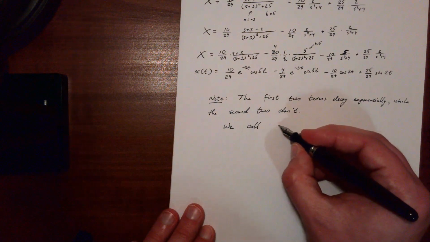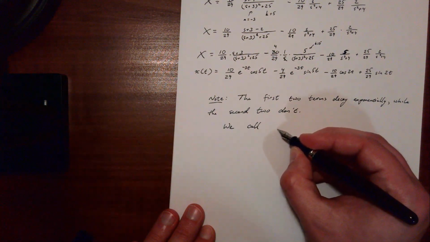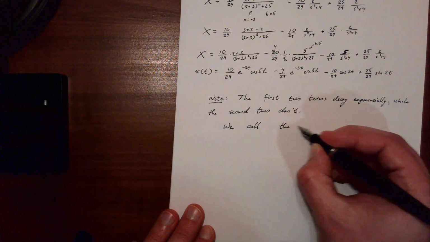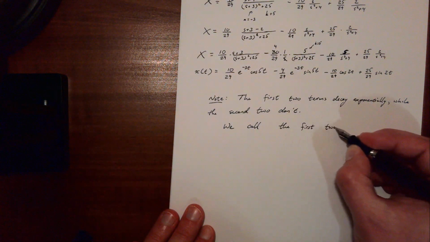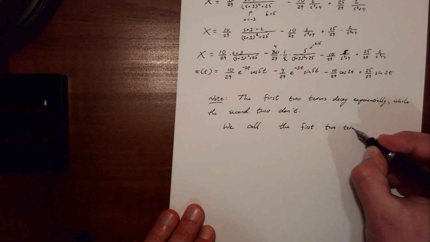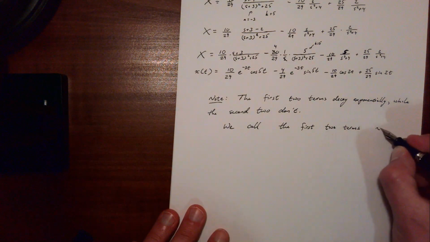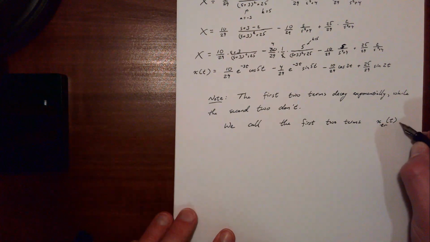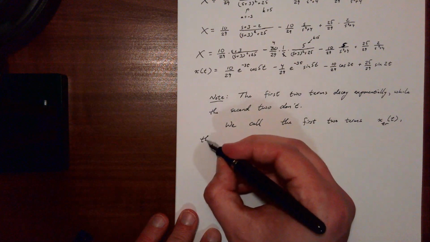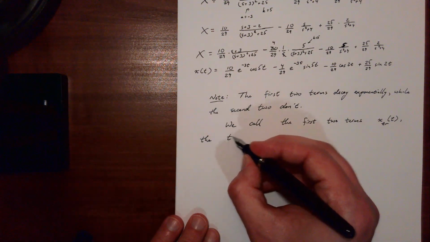We call the first two terms x_tr of t, and it's called the transient solution.